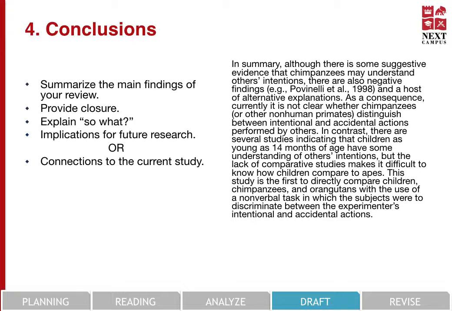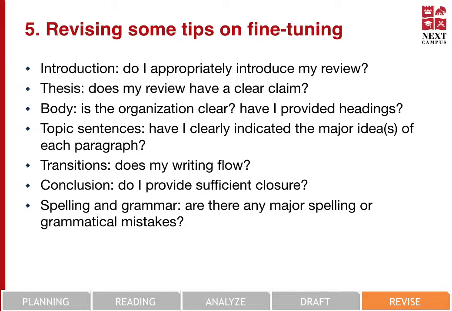So that brings us to the close of drafting and writing the literature review. And now let's look at revising. This is where you have written your literature review once, and now you can go back and revise. Introduction: does it have the impact I require, and is it appropriate? Next is the body. Have I organized it clearly?